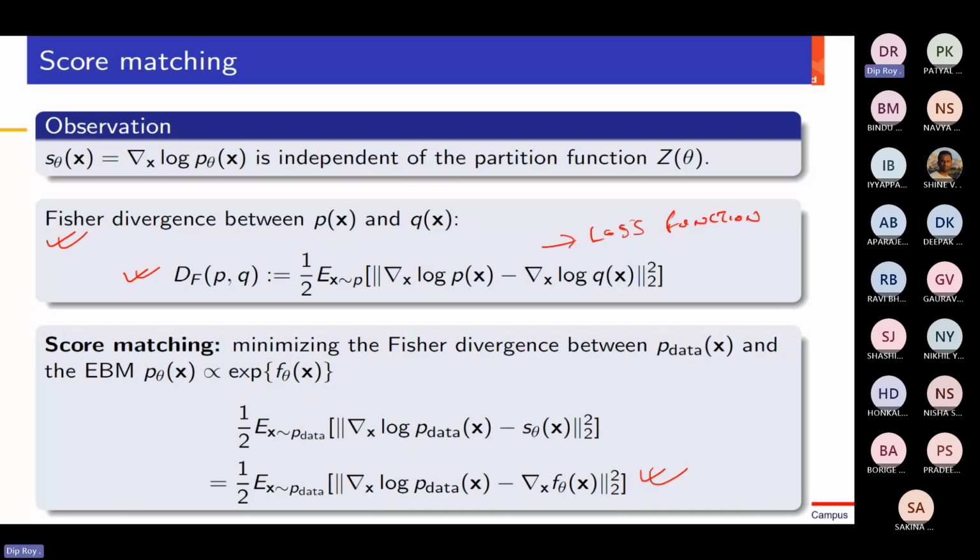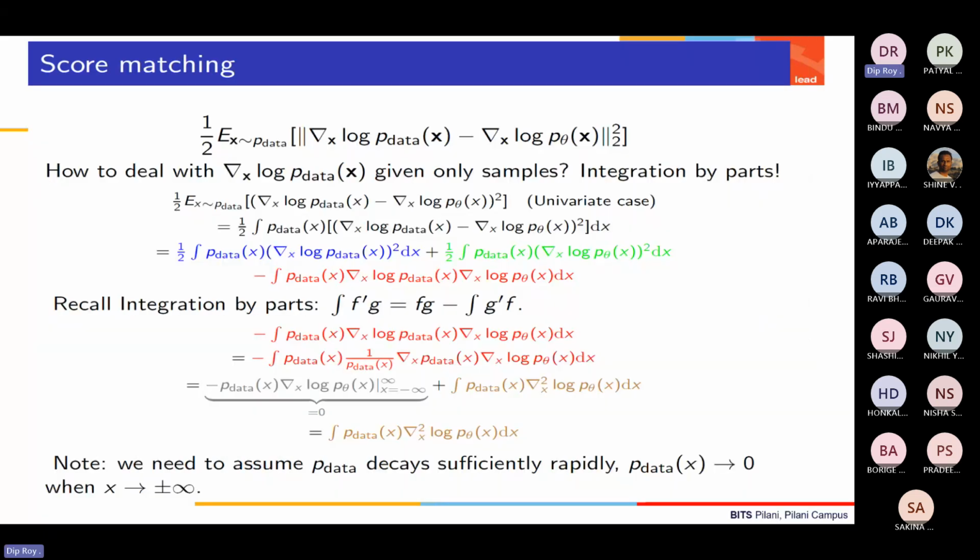Okay. And that brings us to this particular thing, which is essentially just a mathematical derivation. Don't need to worry too much about it, but it says you take this particular functional form, and ask how to deal with this log of p data x given only samples.